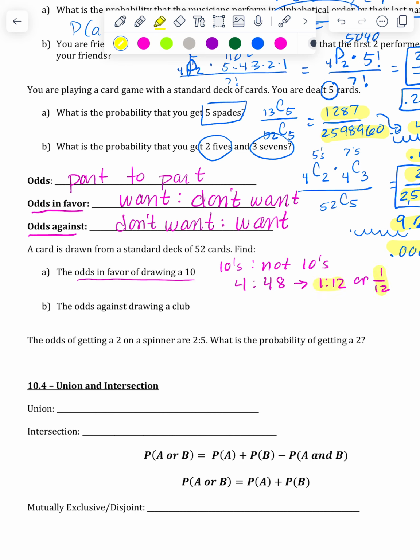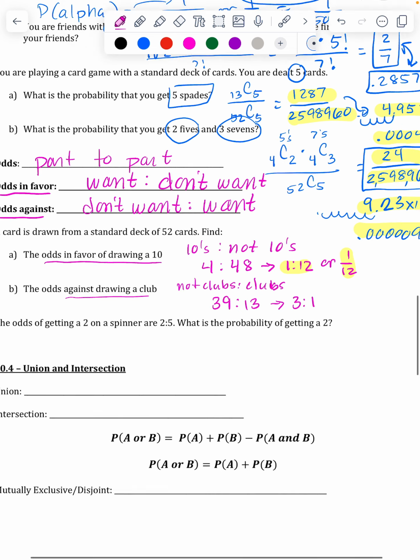The odds against drawing a club means you would put the things that are not clubs first, compare it to the number of clubs. So if you look at that chart, there's 3 suits that are not clubs, and that totals up to your 39 cards, and then 13 that are. Again, that reduces by 13, and you get 3 to 1.